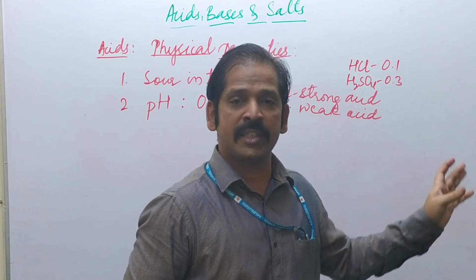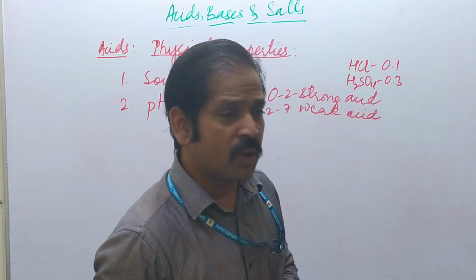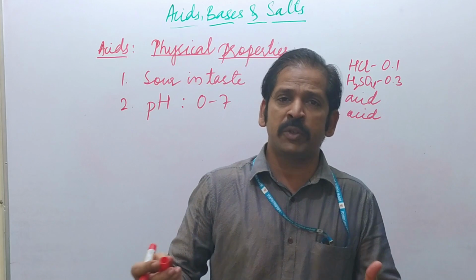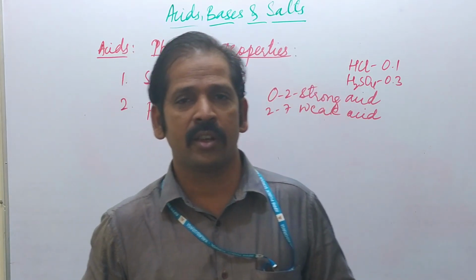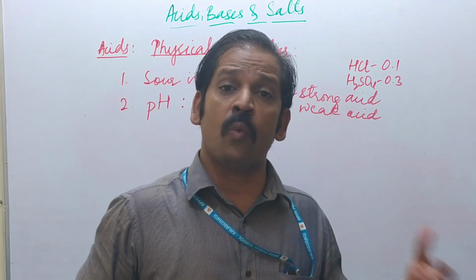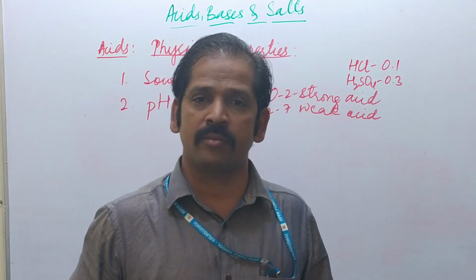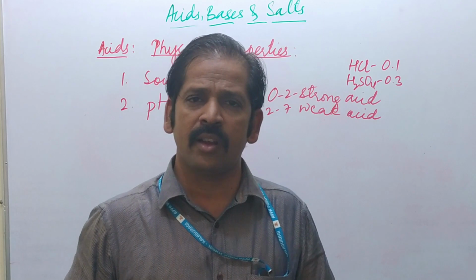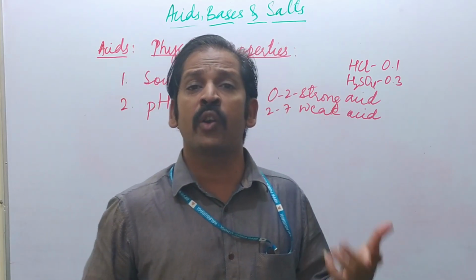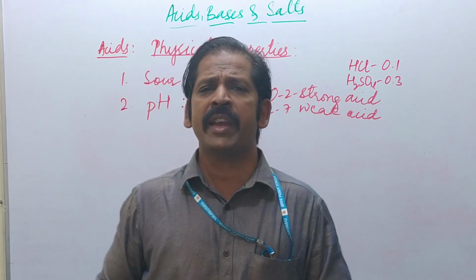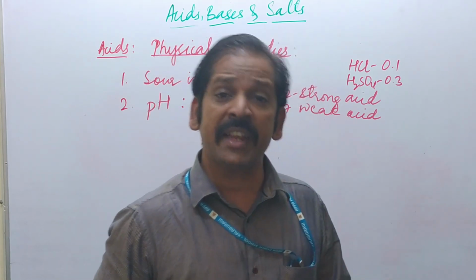Very strong acid. Actually, when you go for first PUC or second PUC, you will have practicals on titrations: strong acid versus strong base. The base will come next automatically. Which is a strong acid? Usually they use hydrochloric acid. Which is the weak acid? They use acetic acid.